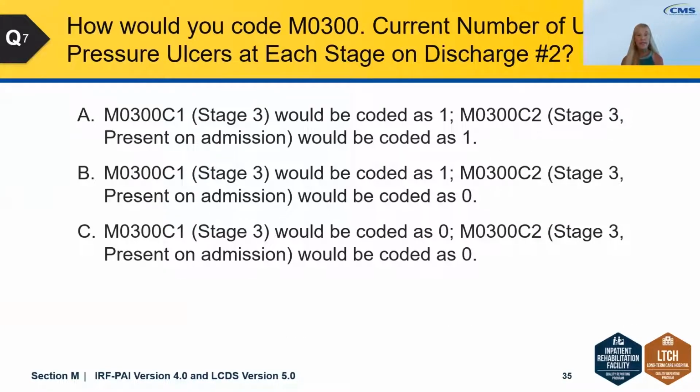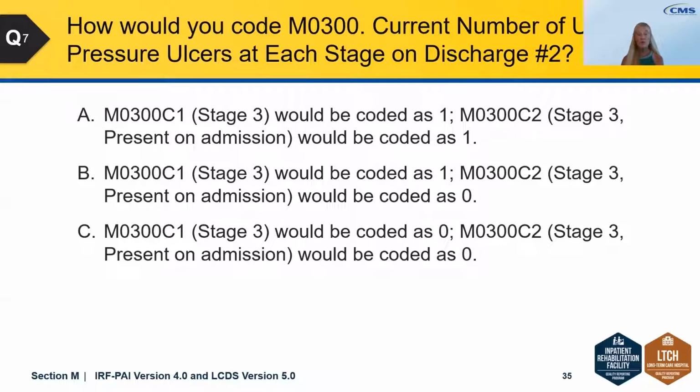Now, finally, for this scenario, how would you code M0300 for the second discharge assessment? Would it be A, M0300C1 stage 3 is coded as 1, and M0300C2 stage 3 present on admission is coded as a 1?